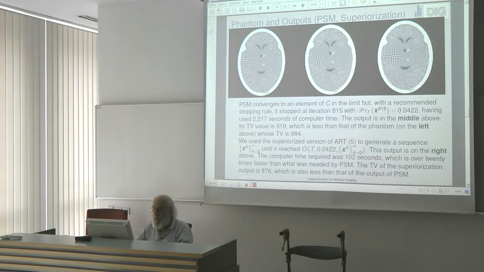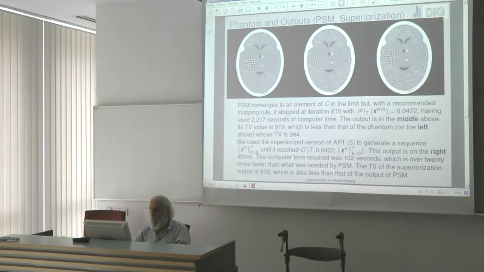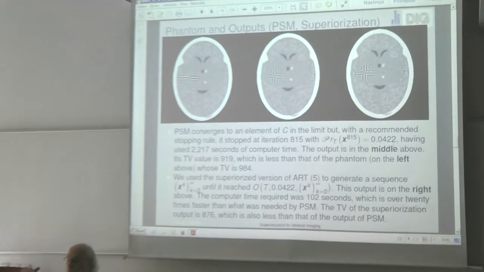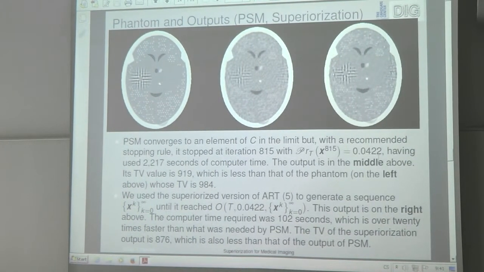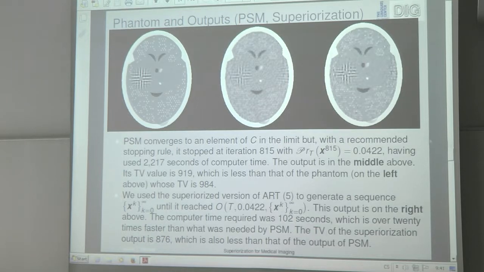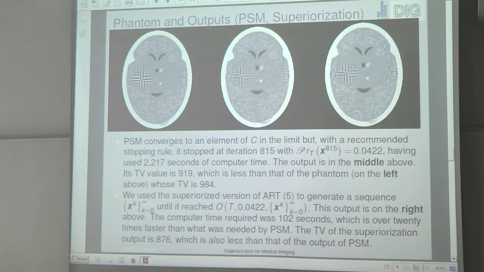Then we used the superiorized version of ART, and we have chosen for epsilon this very number, the 0.0422. That will guarantee that when we stop with the superiorized version of ART, the proximity will not be worse than with PSM, because we stop it when we get below the proximity of PSM, and that produced the output on the right, and the computer time required for this was only 102 seconds, over 20 times faster than the classical method.